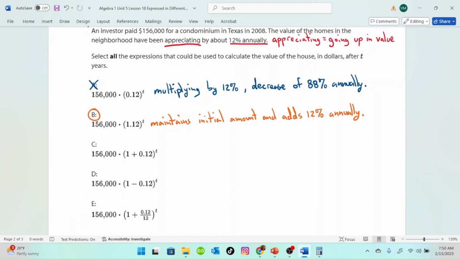Choice C. We have the $156,000 initial price multiplied by 1 plus 0.12. This is the exact same thing we had in B. This part right here is the same as this part right here.